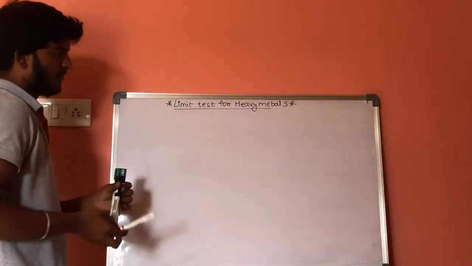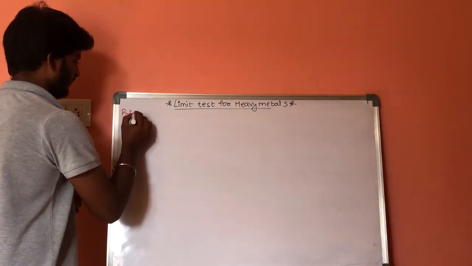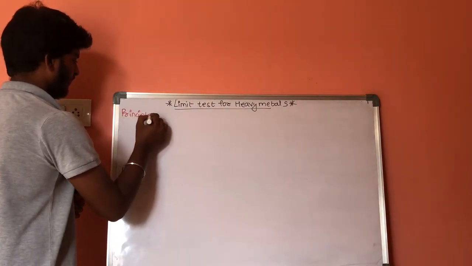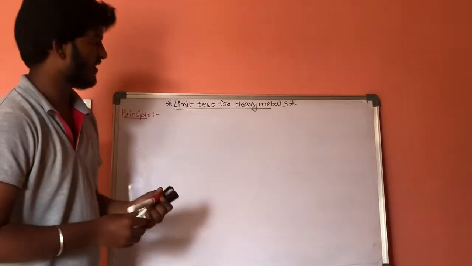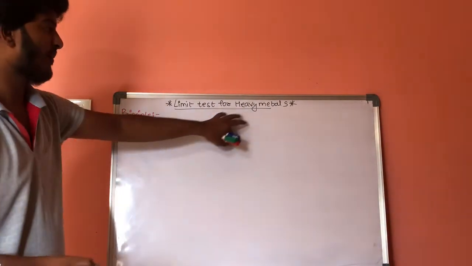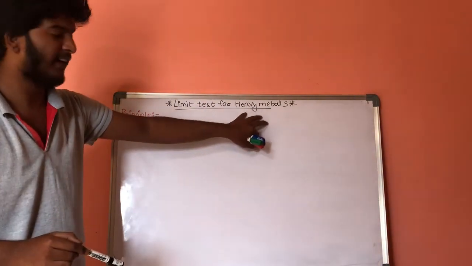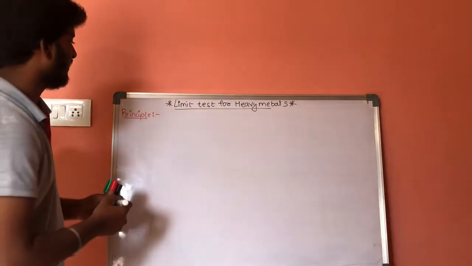First let us discuss the principle. The principle of this limit test for heavy metals is that it is based on the reaction of heavy metals with hydrogen sulfide or sodium sulfide to form heavy metal sulfides.